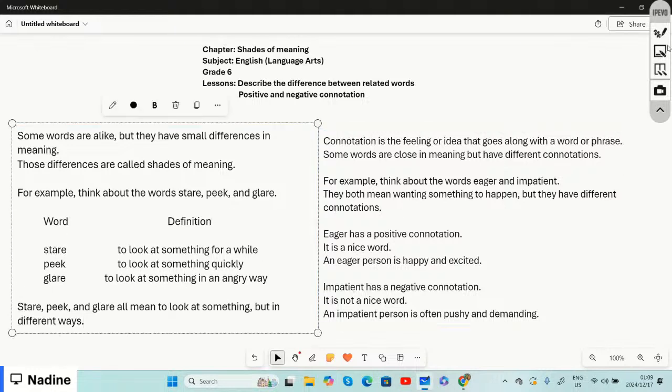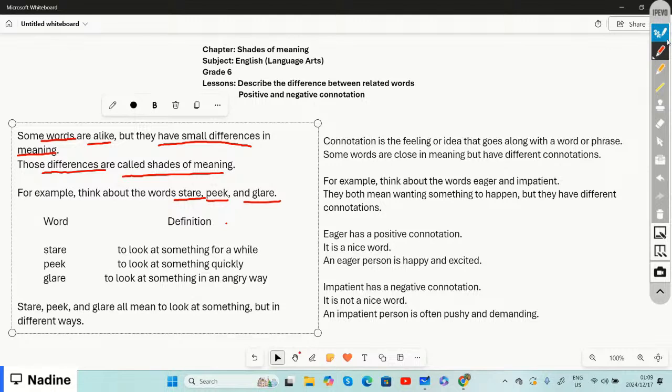All right. So if we look at the word stare, the definition or the meaning of the word stare is to look at something for a while. It's like you are staring at someone.